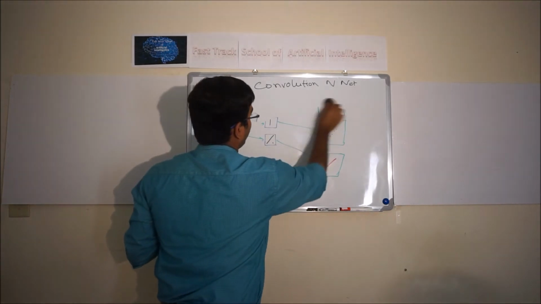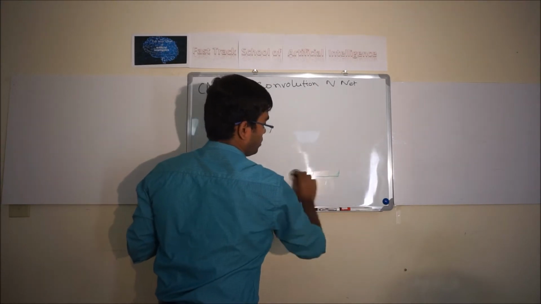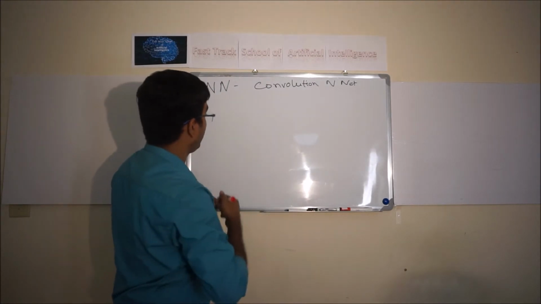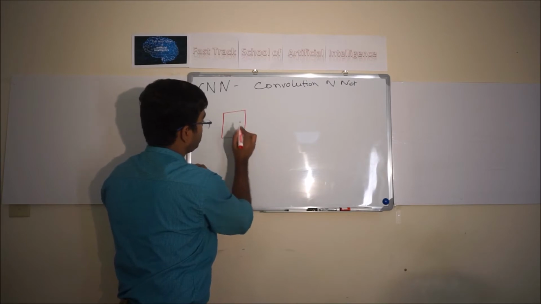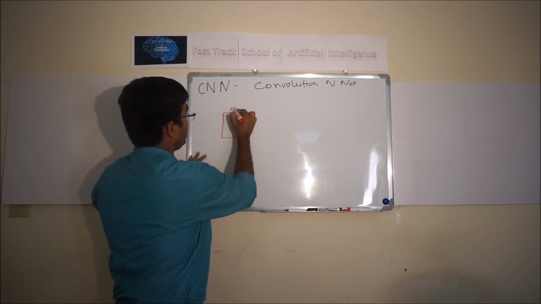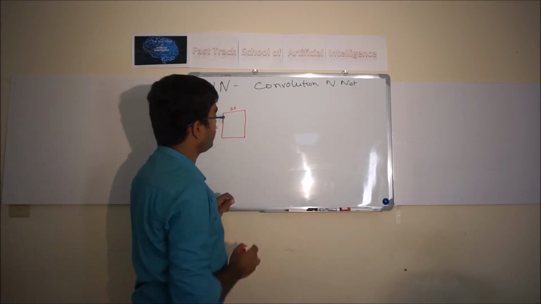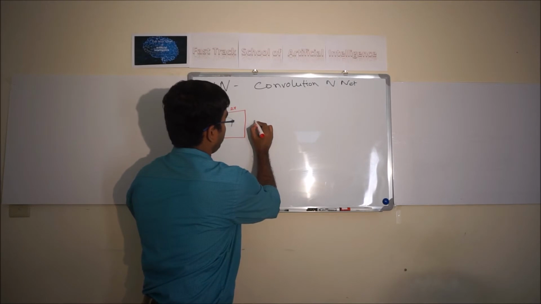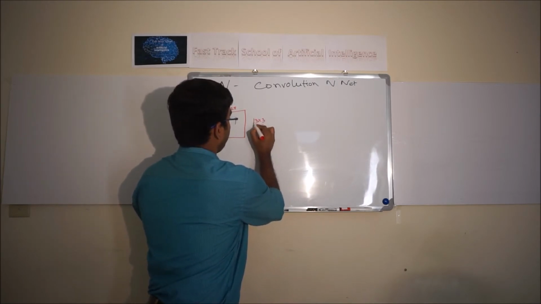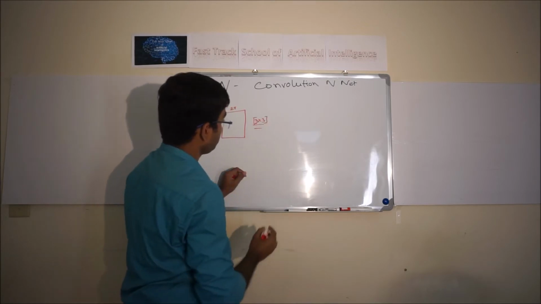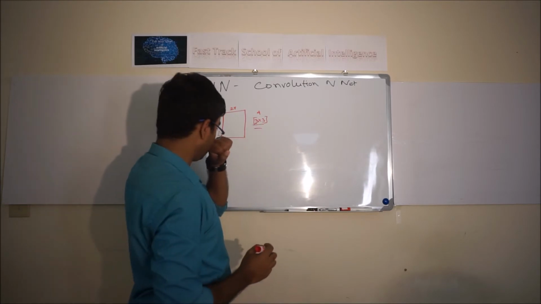Now, from the network point of view, how does it look? So we have a single channel image of 28 by 28. From here we are applying a 3 by 3 filter, and assume a total of 4 filters will be applied.